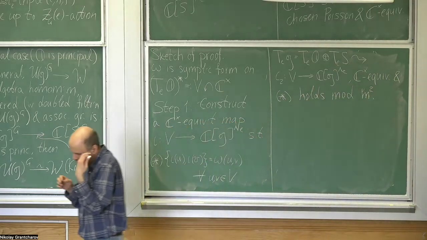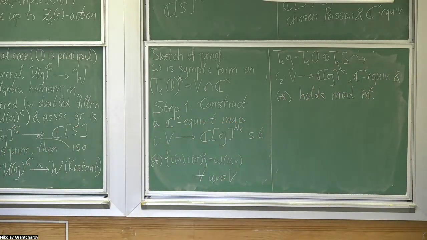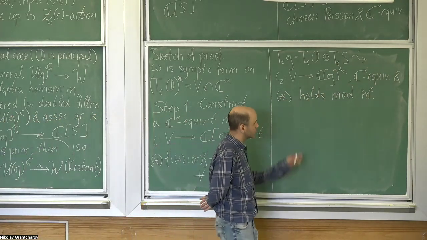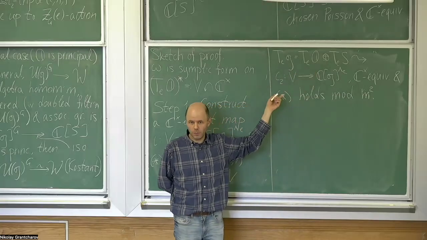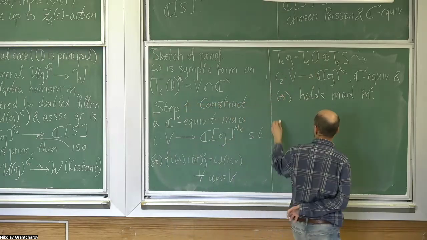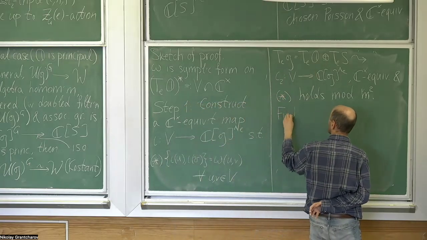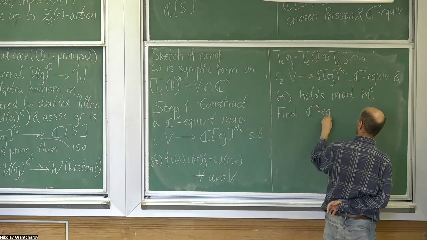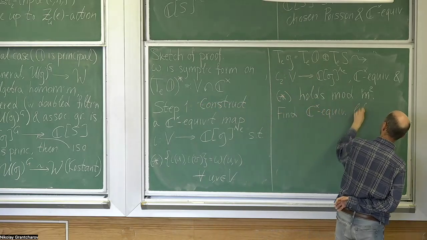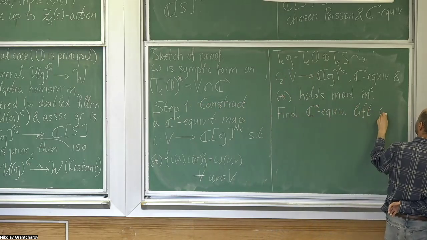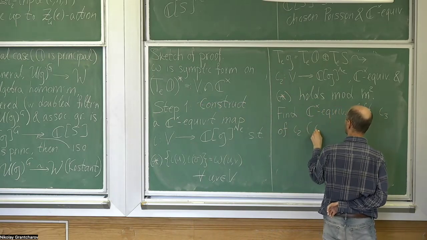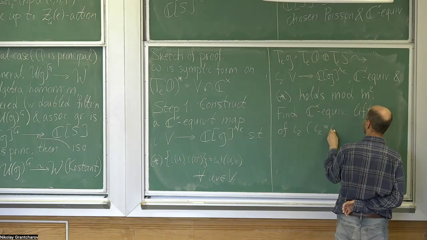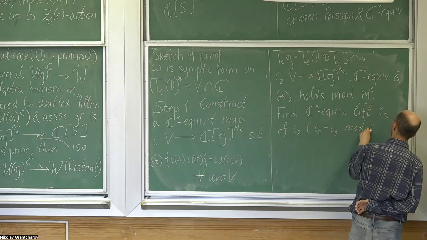Essentially use that the cotangent space is the quotient of the maximal ideal modulo its square. And then I start to lift it order by order. And then we find the C star equivariant lift, let's call it iota 3, of iota 2. Means that iota 2 is equal to iota 3 modulo m squared.